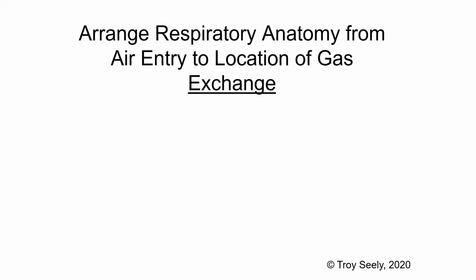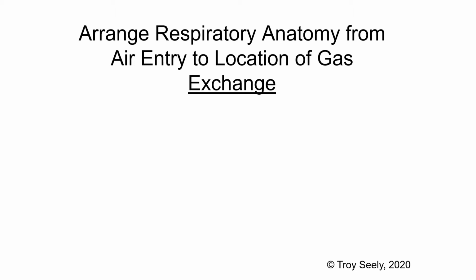Now, in coming into this course, you may already have an appreciation of the respiratory system, just from previous courses that you've completed. So, let's do a little bit of an exercise. We're going to arrange the different aspects of respiratory anatomy that I present here on the screen, going from air entry to the location of gas exchange.